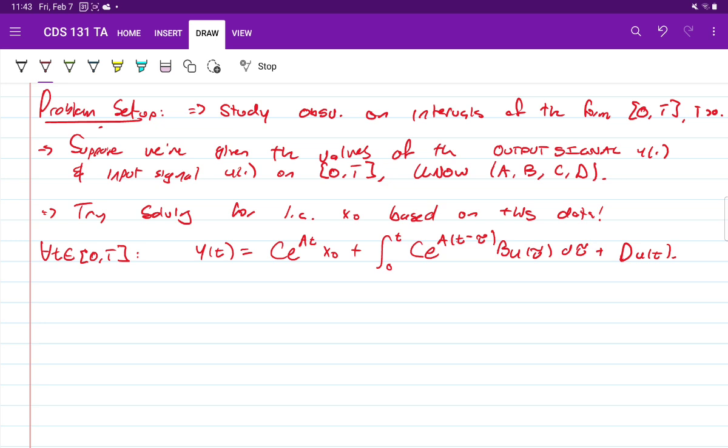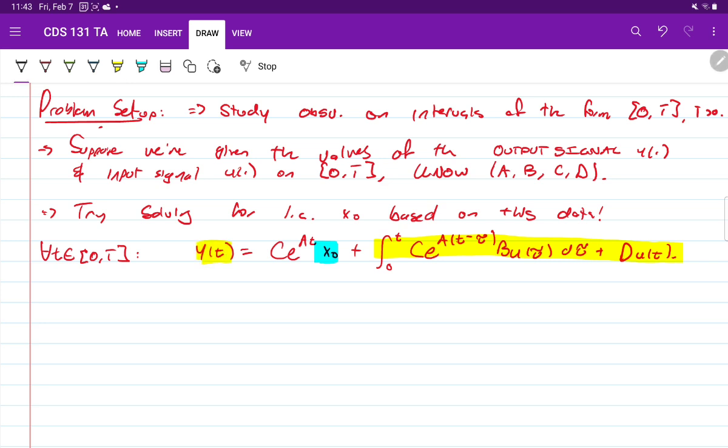Now, let's isolate the unknown part. We know that x0 is the only thing that we don't know. This entire integral term is known. We know C, we know e^(A(t - τ)), we know B, we know u, we know D. So let's bring all the knowns to one side, and the unknowns to the other side.